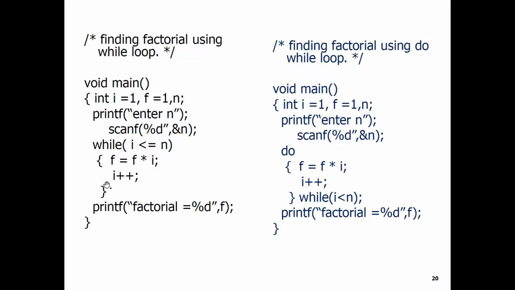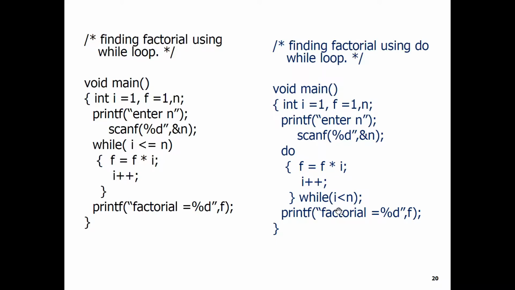This program we can also write using the do while. Again we accept the value of n, initialize I, initialize f, and then do while. See the condition: the first time we process without any condition, it is post-tested. After processing the statements we check the condition. If this condition is true, again we repeat, and the process keeps on repeating until the condition is false.